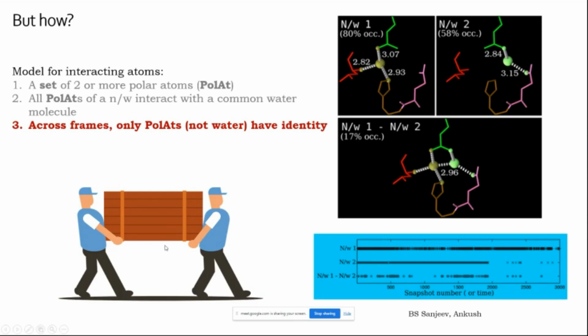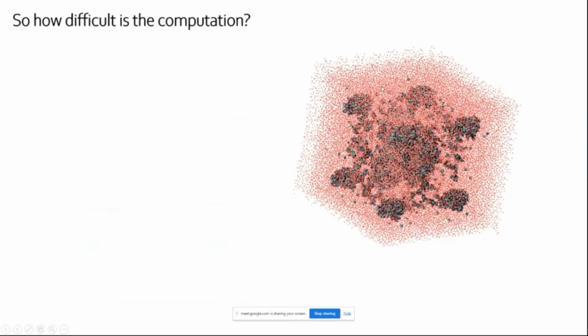The package identity itself is not important, except that at a given point of time, these two are carrying the same package. So that is what we actually mean by network, and we'll use this concept to find if any water associations are there in a dynamical system.